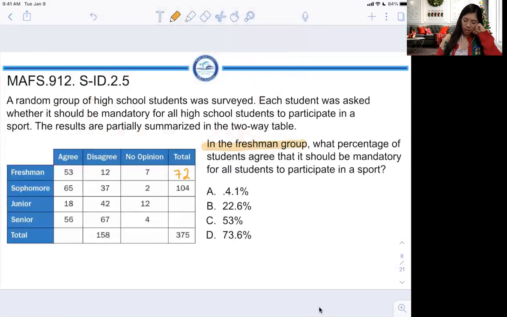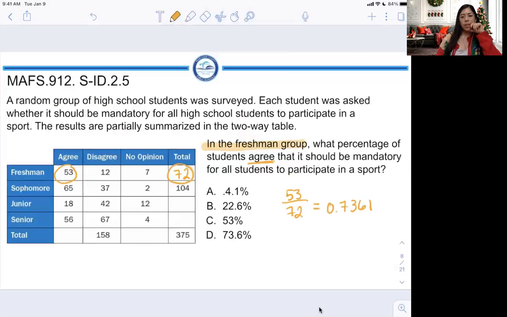Then it's saying what percentage of students agree that it should be mandatory. So how many of those agree? 53. So what's 53 out of 72? 0.7361.